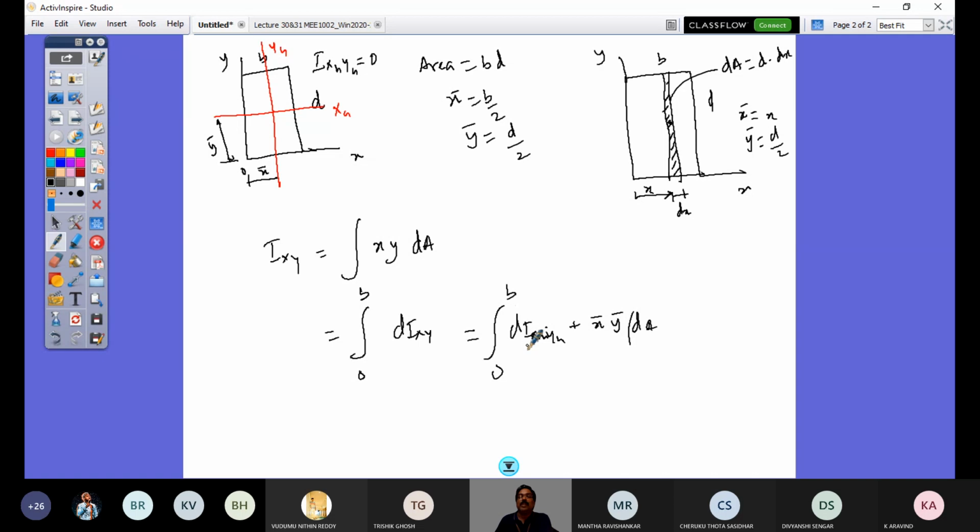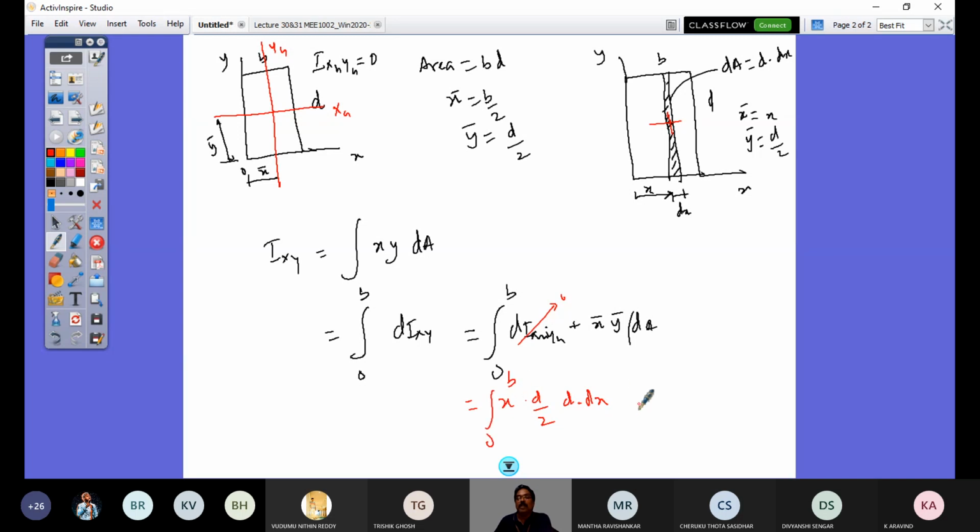So this is going to be 0 for an element about this centroidal axis, because the elemental centroidal axis is somewhere here, right? So about this, for this elemental thing, this is going to be 0, and I will have only this. So that's going to be x bar value is x, y bar value is d by 2, and dA. So dA is d into dx, and this all to be integrated from 0 to b.